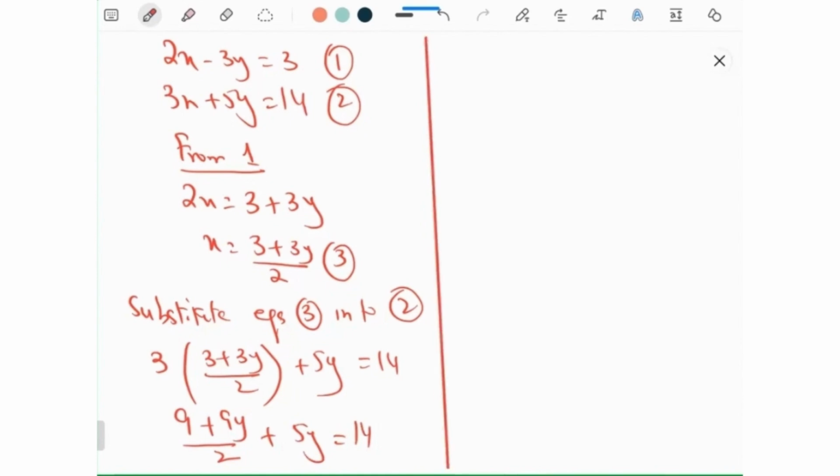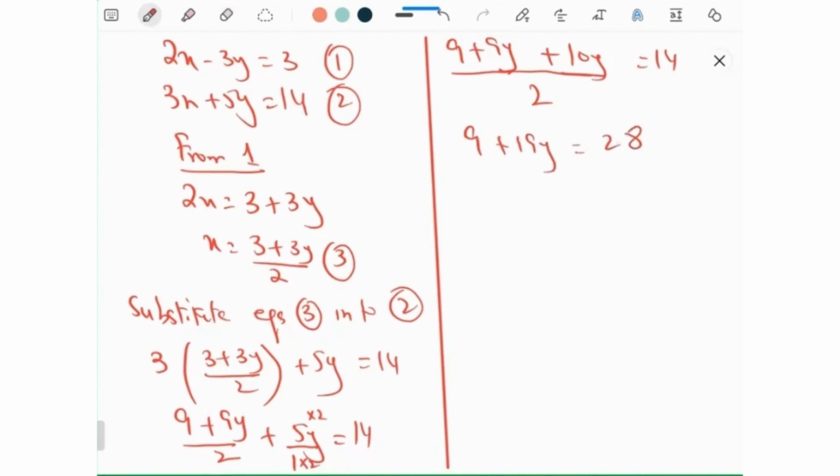We cannot cross multiply until we find the LCM. 9 plus 9y upon 2 plus 10y upon 2, या पूरे के नीचे एक ही 2 लगा दो, is 14. 9 plus 19y is 28. 19y is 28 minus 9. 19y is 19. Y is 1.